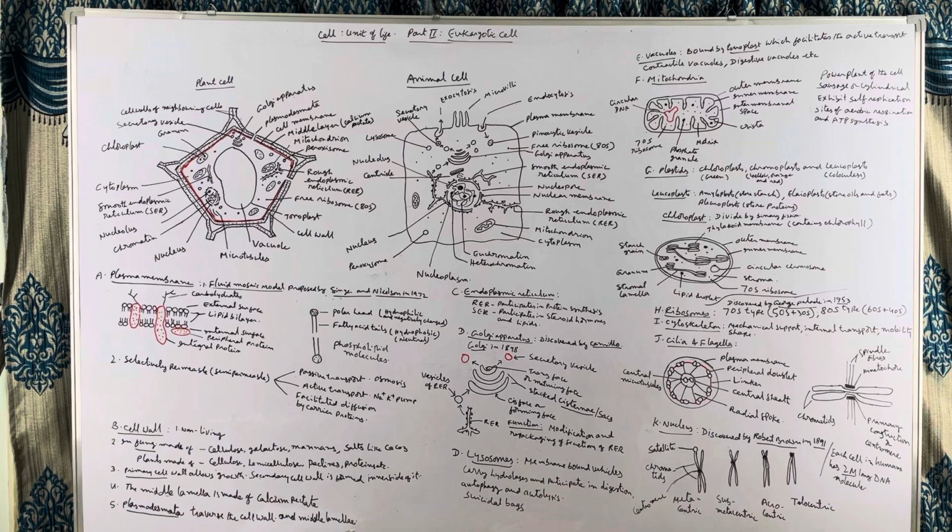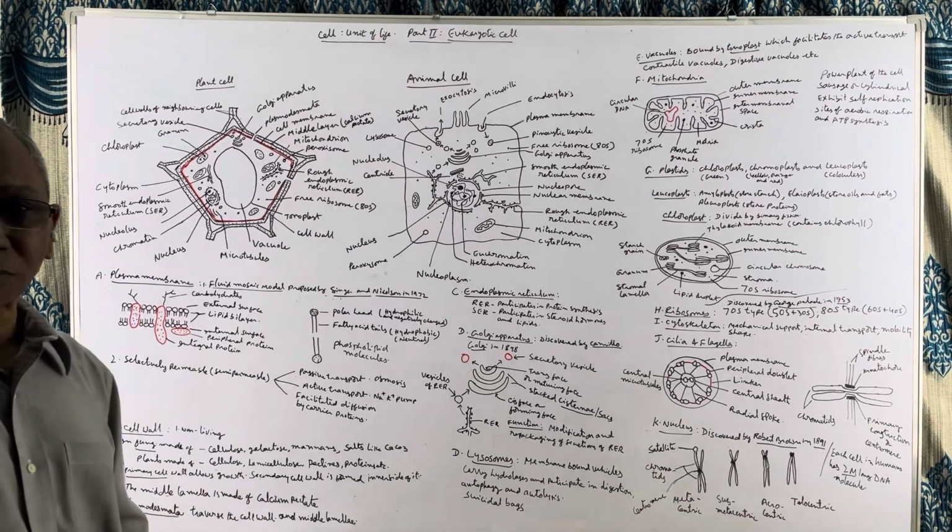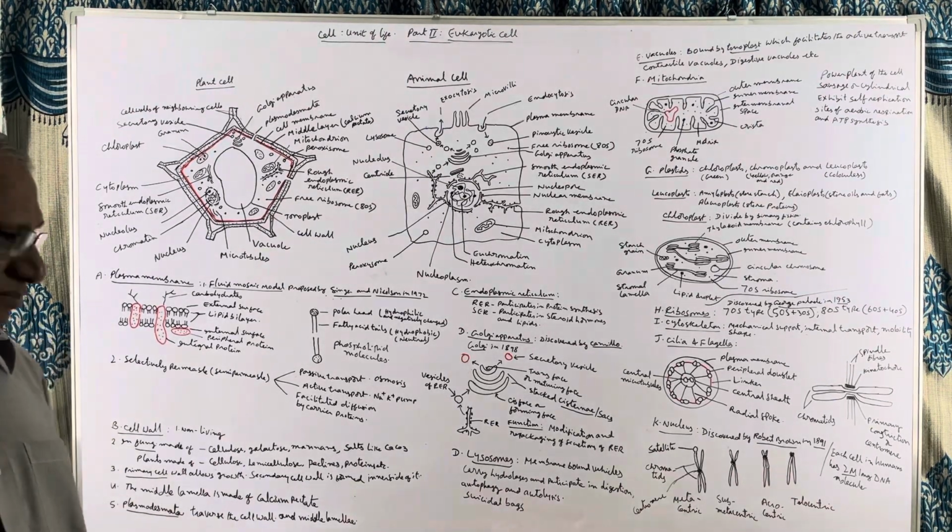Then, when a plant cell is growing, it is first surrounded by a primary cell wall. The primary cell wall allows growth of the cell. Once the growth of the cell is completed, the primary cell wall is replaced by a secondary cell wall, which forms inside the primary cell wall.